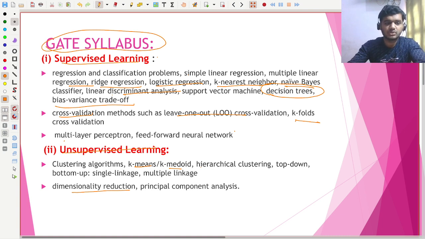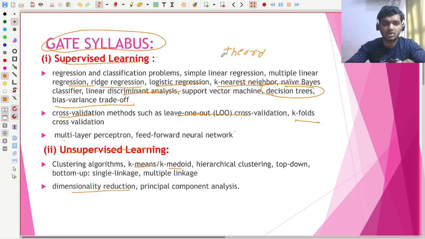So our class would follow a structured approach. First one is the theory part. After the theory part, we will do some practical implementation of different models. In the theory part, we shall begin by understanding the theoretical approach of each machine learning model.